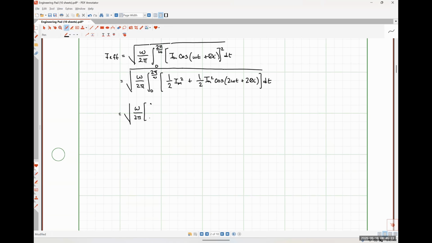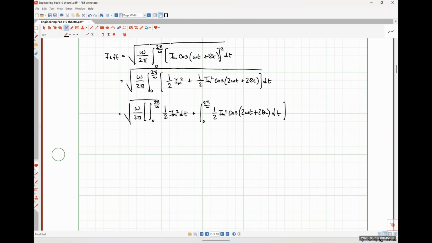And I'm going to just have two integrals now. I'll have the integral from 0 to 2 pi over omega of 1/2 Im squared dt, plus the integral from 0 to 2 pi over omega of 1/2 Im squared cosine of twice omega t plus twice theta I dt.